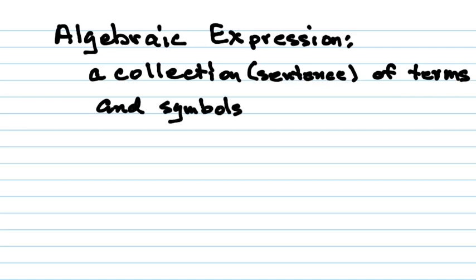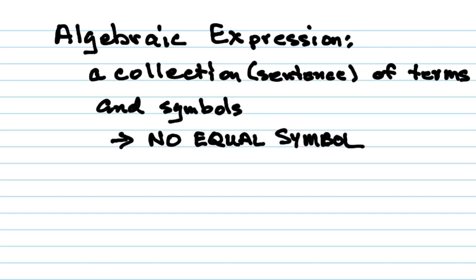By symbols, I mean add, subtract, multiply, and divide, right? Now, what you cannot have is there will never be an equal symbol. Why? Because if you have an equal symbol, then you no longer have an expression. You have a different type of problem that's called an equation.